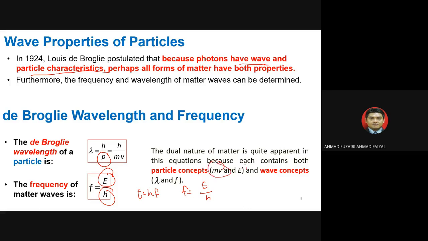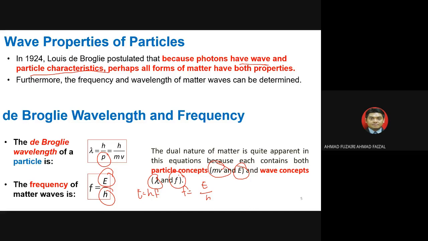We have mv and we have E, both particle concepts. The wave concepts are lambda and frequency. So that's why we have the de Broglie wavelength and frequency.